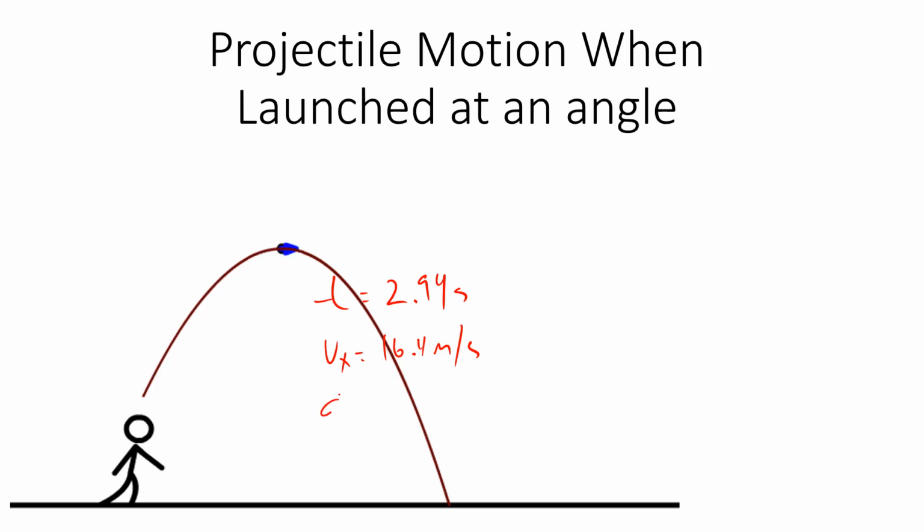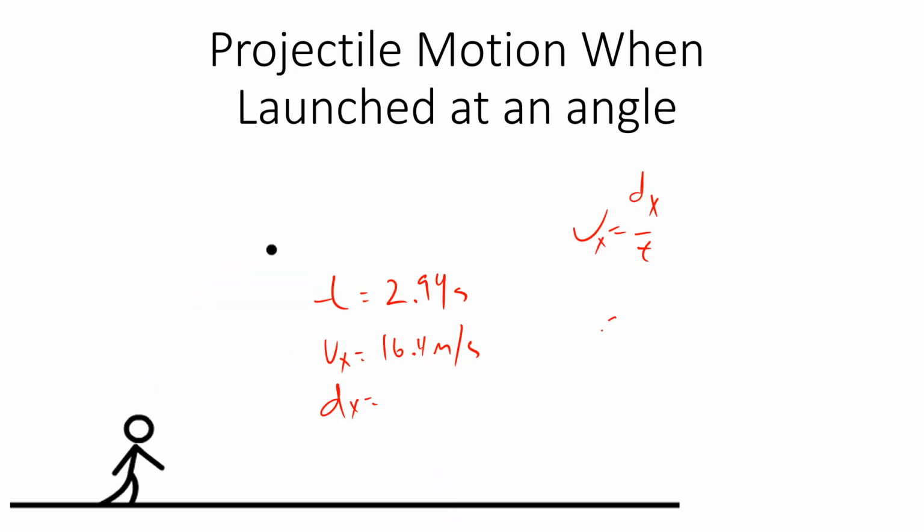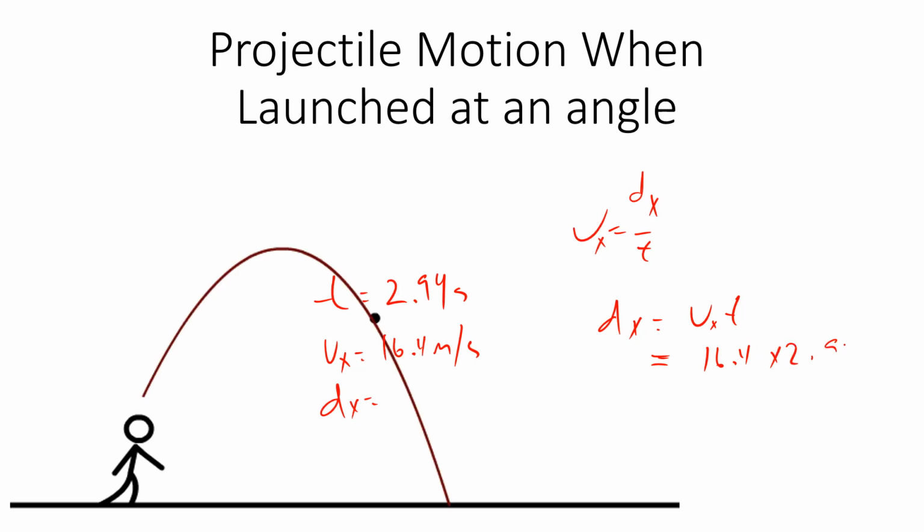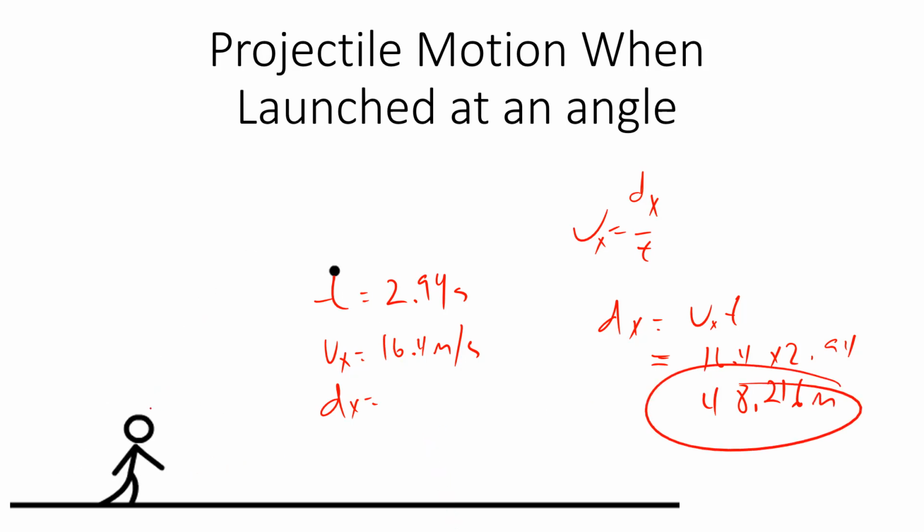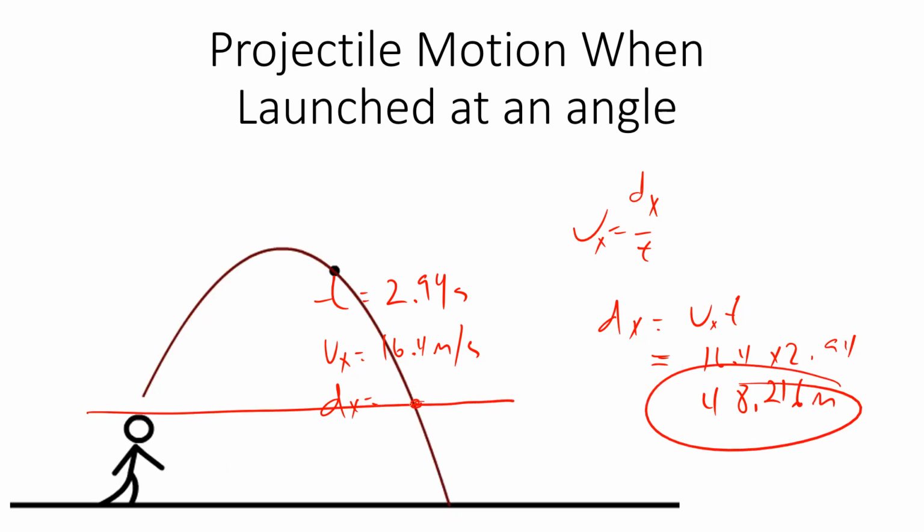To find how far downrange, v equals x over t, and we rearrange that. This is just d_x the way I wrote it here, and this is v_x. So d_x, or just x, equals v times t. In this case, it would be 16.4 times 2.294 equals, and so this object would have landed 48.216 meters downrange. Once again, only to this point right here.